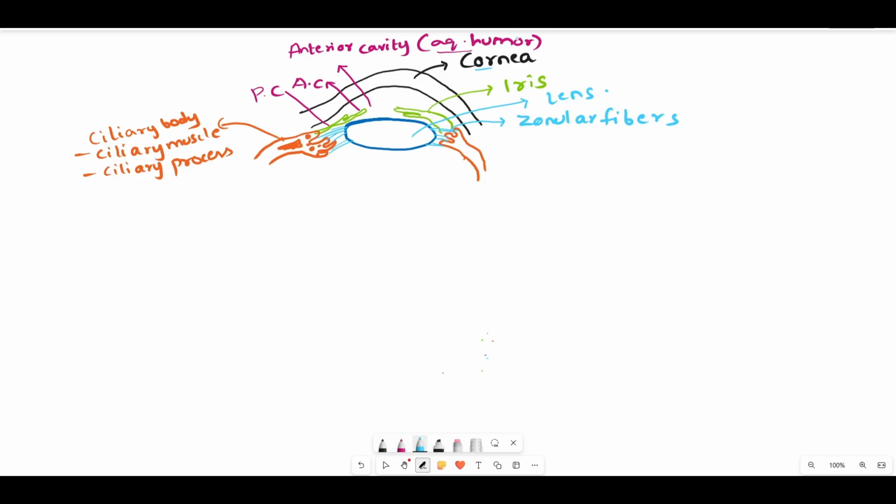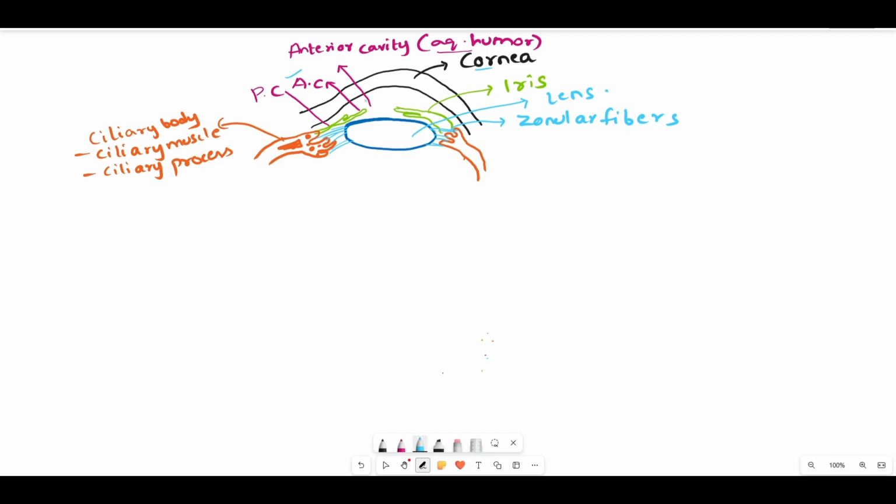Aqueous humor is the fluid that is useful for nourishing the eye structures, and it maintains the intraocular pressure. Inside this anterior cavity, we have two other structures: the anterior chamber and the posterior chamber. The anterior chamber is present between the cornea and the iris.